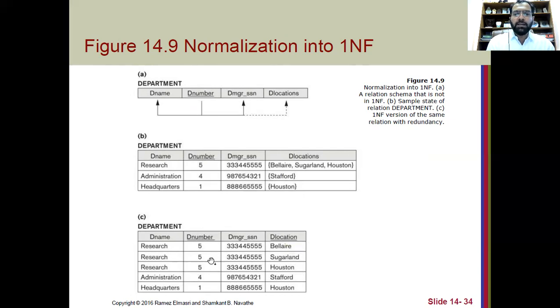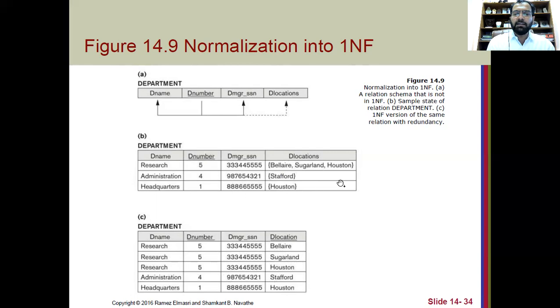So here every tuple can be easily identified, because every tuple will be identified with reference to the value of D number and D location. These combinations will not repeat: 5 and Bellaire, 5 and Sugarland, 5 and Houston, 4 and Stafford, 1 and Houston.